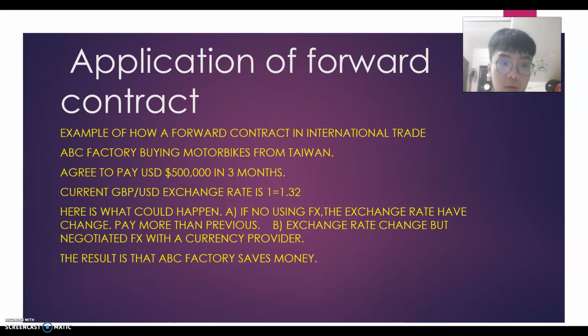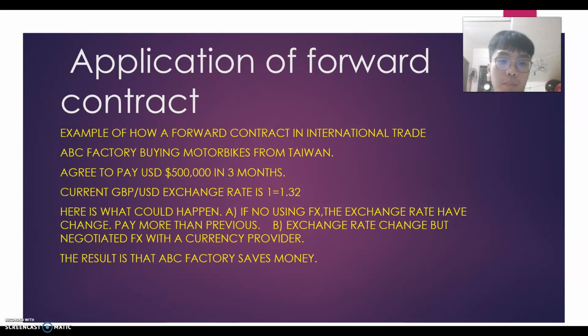The business meets with the supplier and agrees to pay USD 500,000 in 3 months. The current GBP to USD exchange rate is 1 equal to 1.32. So ABC factory therefore expects to pay GBP 378,788 for the equipment.